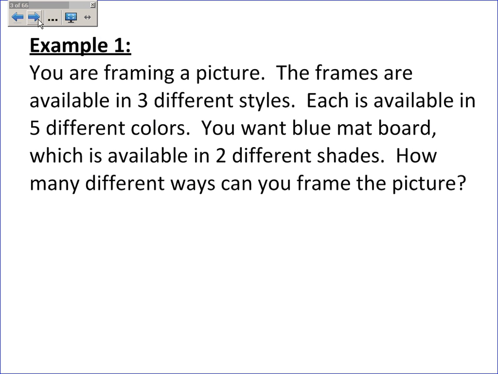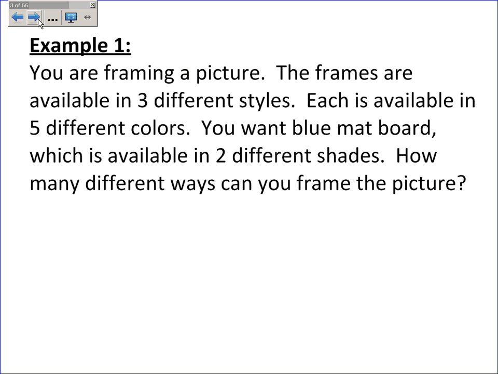Okay, here's an example. You are framing a picture, and the frames are available in 3 different styles. Each style is available in 5 different colors. And if the mat board is available in 2 different shades of blue, how many different ways can you frame the picture? Well, let's think about this.